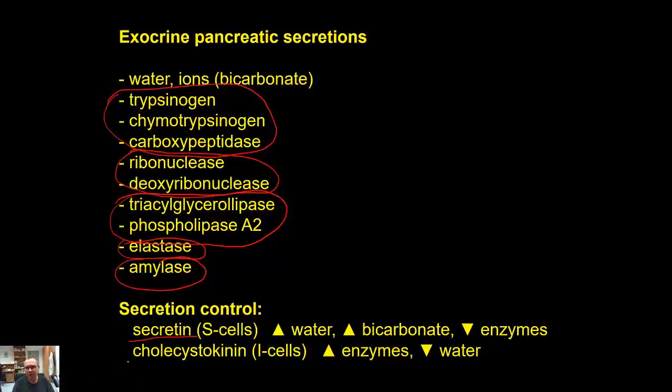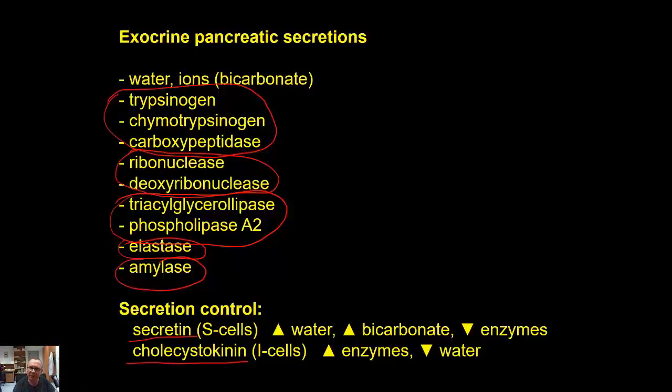On the other hand, cholecystokinin is another hormone secreted by I cells of the intestine. It stimulates the pancreas to produce more enzymes, and the secretion becomes more viscous. I skipped the first row in this table.